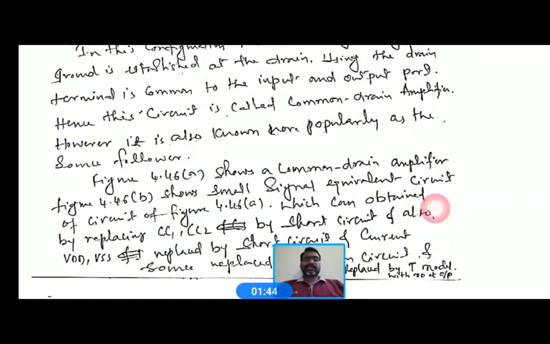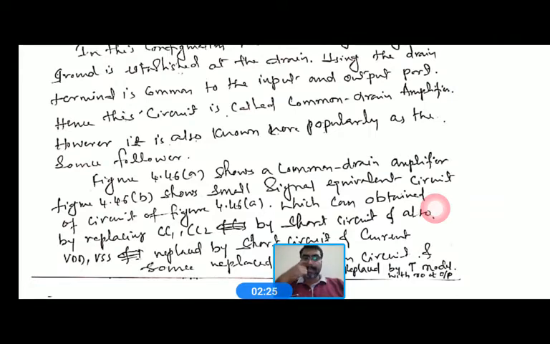So this configuration we also call a source follower, because the source follows the gate here, meaning the voltage at the source, where we are taking our output with respect to drain, is approximately equal to the voltage at the gate, where we are applying our input with respect to drain.